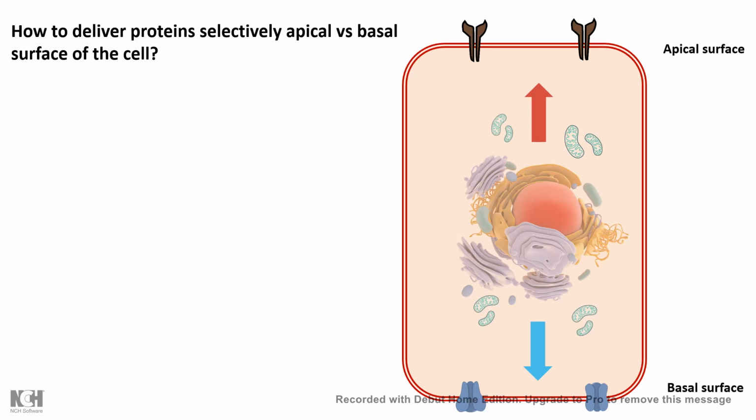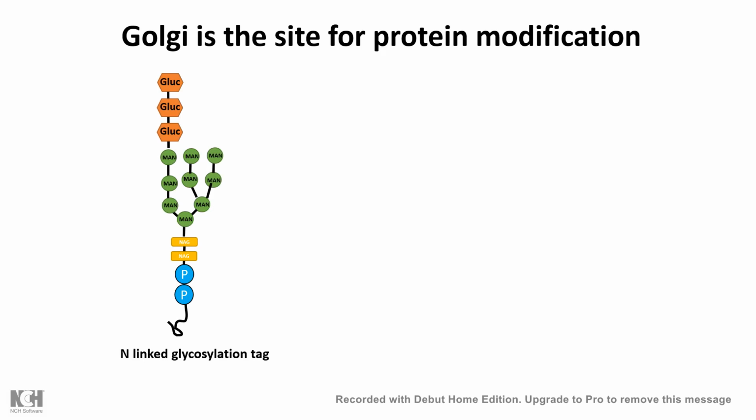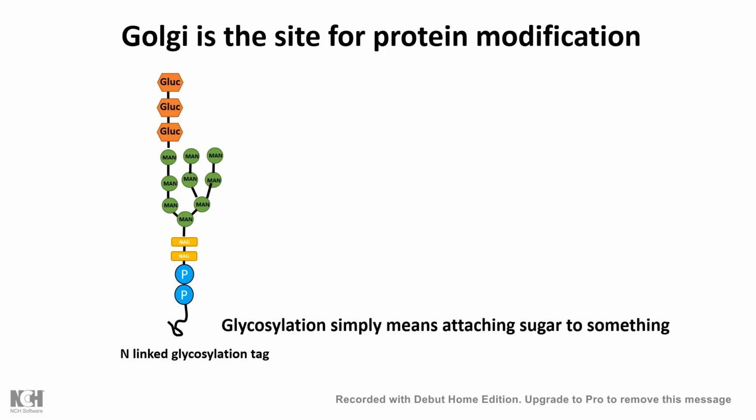Now, if we imagine the Golgi as a post office of a cell, then you can understand that all the parcels or letters that need to be distributed to several locations inside the city have to be address tagged, right? So the proteins inside the Golgi also need to be tagged with a unique marker, and the tag turns out to be an N-linked glycosylation tag. Glycosylation simply means attaching sugar to something.